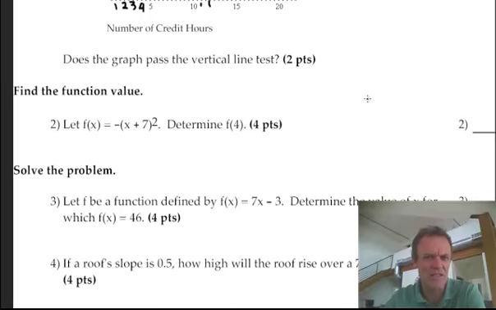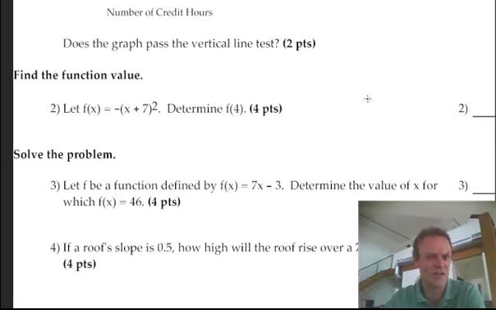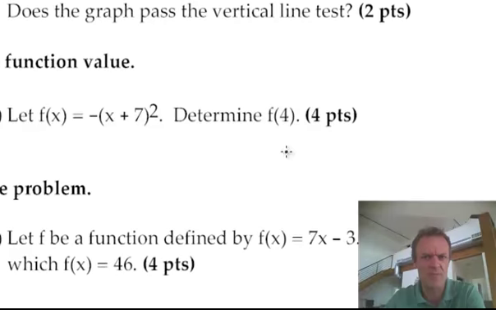Question 2 on this. Now, be aware of this one. If f, here we go. X is 4, because it's saying here that X is 4. So f of 4: f of X is the 4. If X is 4, I'm going to put it right there. So this is 4 plus 7.